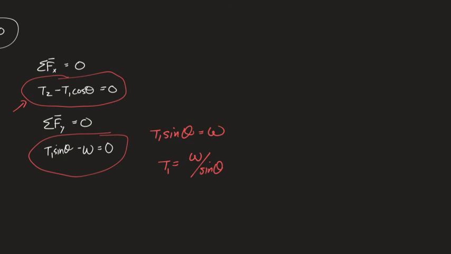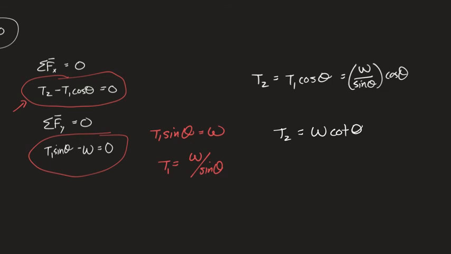I'm going to say that T2 equals T1 cosine theta, which means it equals weight over sine theta times cosine theta, which means T2 equals weight times cotangent theta.